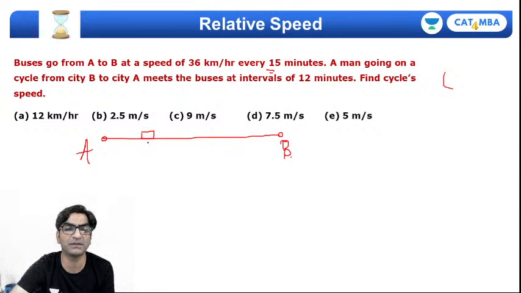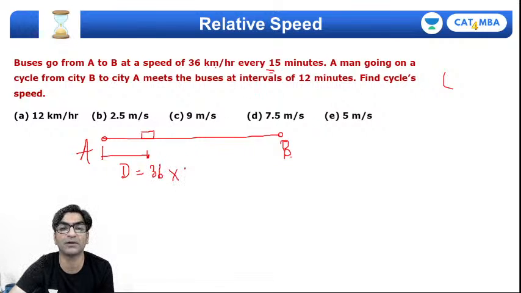By the time the first bus has travelled a distance of its speed, which is 36 kilometers per hour, into this time, which is 15 upon 60, it's like 1/4 of an hour, right?